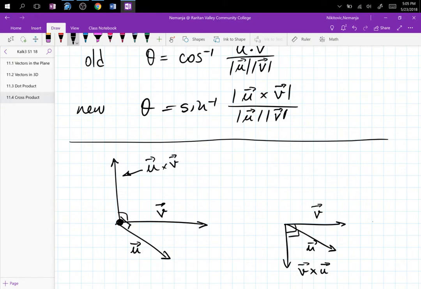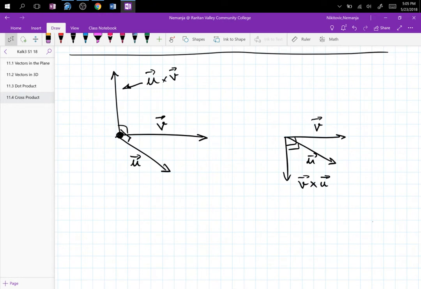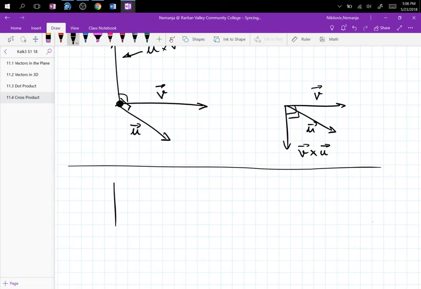So that's coming up. Also note that in a 3D system, we have our three-dimensional coordinate system x, y, z. We have three unit vectors i, j, and k.